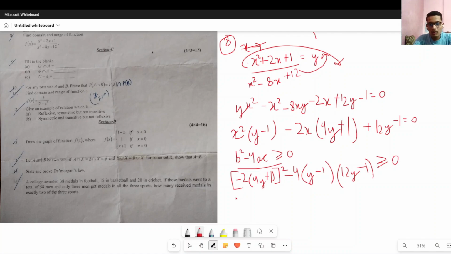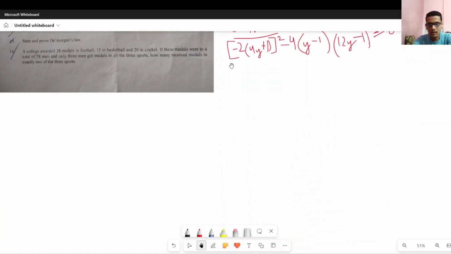Now see what is going to happen in the next few moments. We are going to solve this question. Let's just speed it up. This will be 4, and if we open the square of this, it will be 16y square plus 8y.